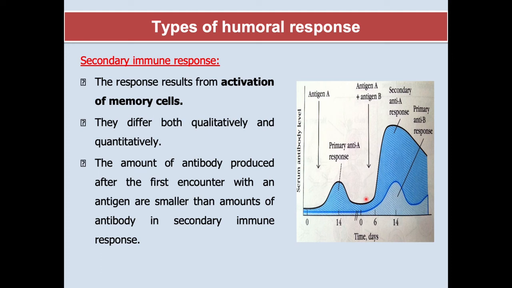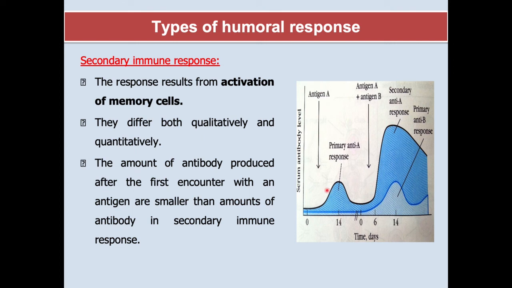The amount of antibody produced after the first encounter with the antigen is smaller than the amount in the secondary immune response. Once the plasma cells are stimulated, they secrete antibody in large concentrations. So a lot of antibody is produced in the second infection.